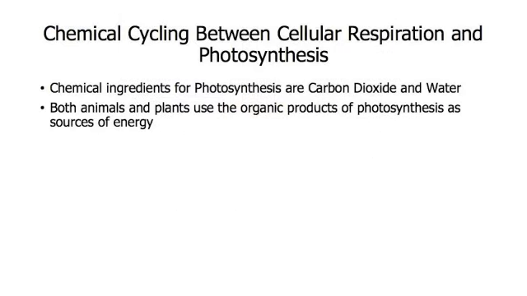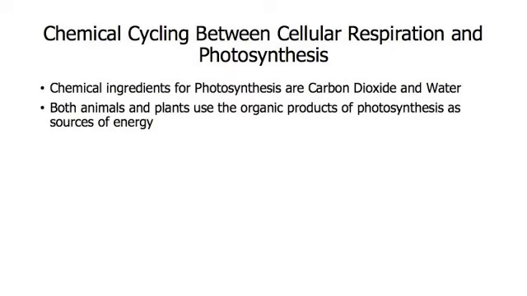Moving on, the chemical ingredients for photosynthesis are carbon dioxide, a gas that passes from the air into a plant via tiny pores, and water, which is absorbed from the soil by the plant's roots. Chloroplasts in the cells of the leaves use light energy to rearrange the atoms of these ingredients to produce sugars, most importantly glucose, and other organic molecules.